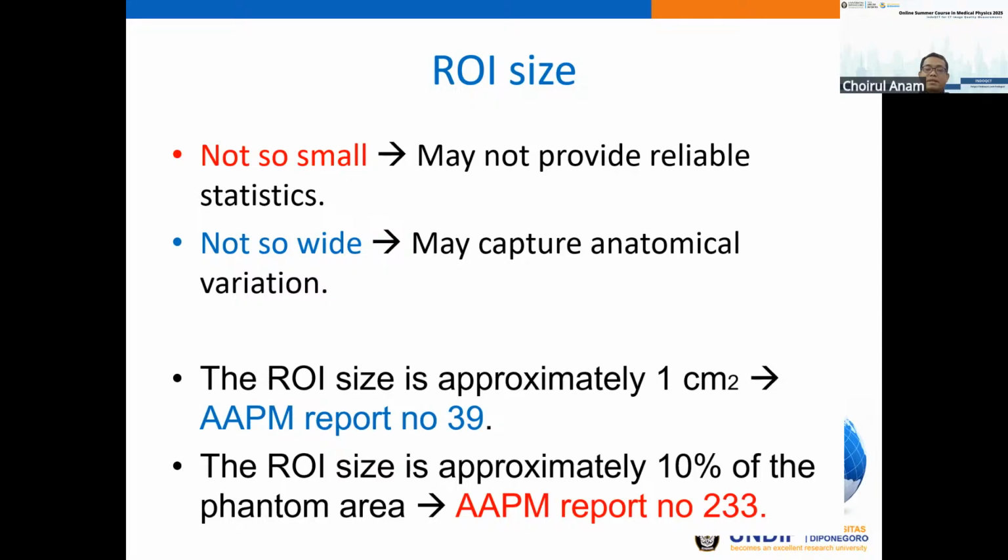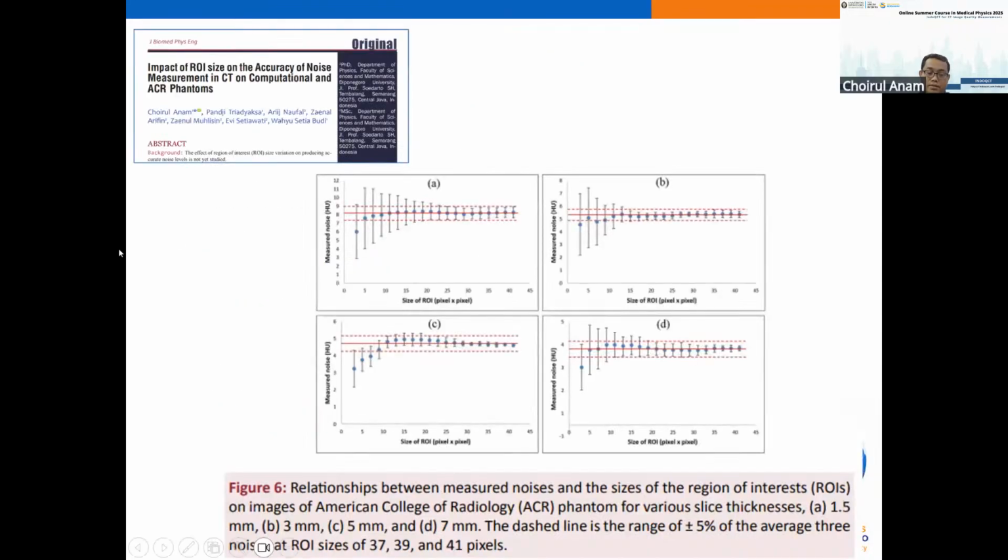And this is our study I have shown to you yesterday. This is our study to investigate the impact of the ROI size on the noise. We can see here, if the ROI is too small, fluctuation of the measurement exists here.